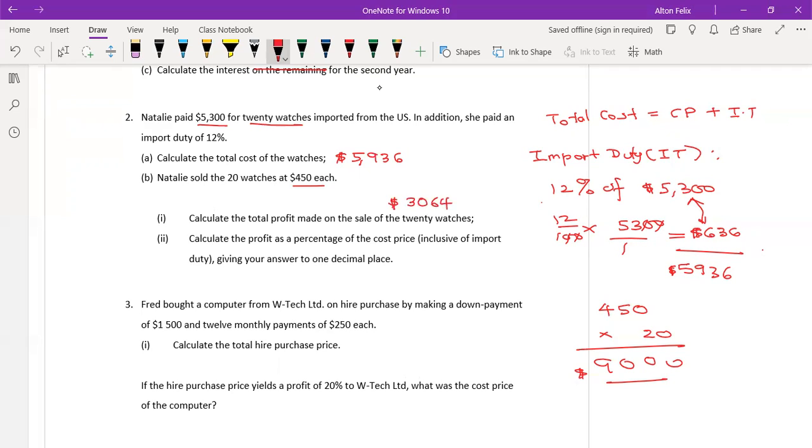$3,064 in profit. And we need to calculate the profit now as a percentage of what? Right, so the profit here was 3,064. We need to work out that as a percentage of the cost price. Remember, the cost price was 5,936. So we're going to take 3,064 and divide that by 5,936, the profit as a percentage of the cost price.